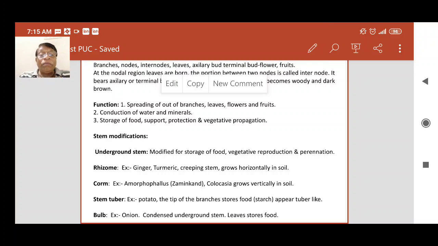Refer the diagrams. The corm always grows vertically in the soil. It stores a lot of reserve food materials. It shows nodes and internodes, axillary buds and terminal buds.